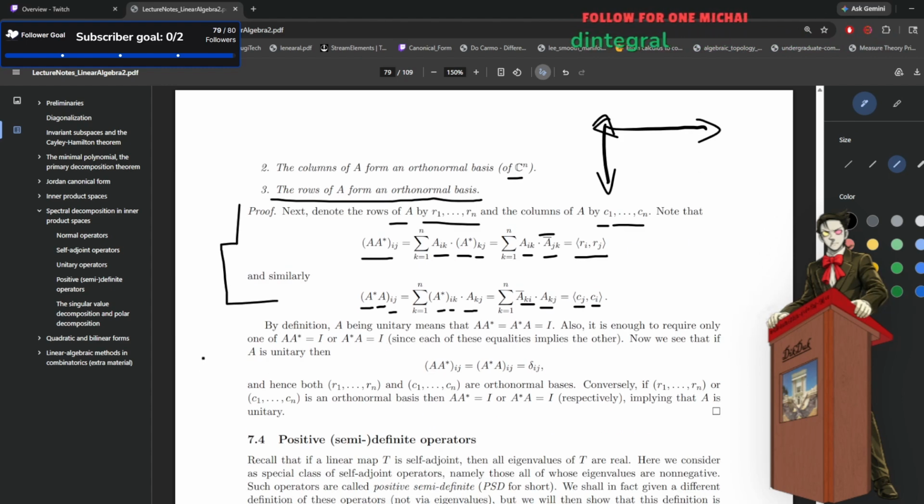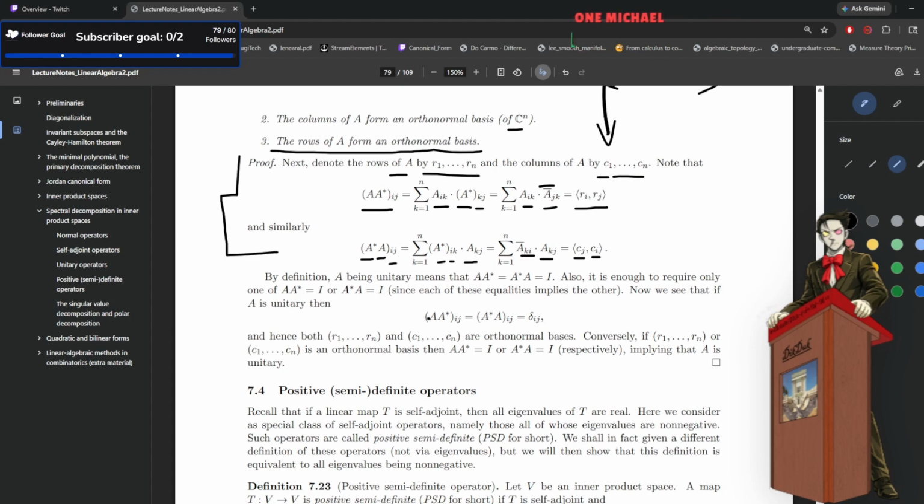By definition, A being unitary means that AA* is equal to A*A, which is equal to I. Also, it is enough to require only one of AA* equals I or A*A equals I, since each of these equalities implies the other. Now we see that if A is unitary, then (AA*)ij is equal to (A*A)ij, which is equal to the canonical delta.